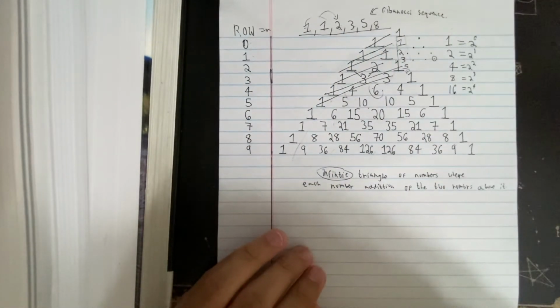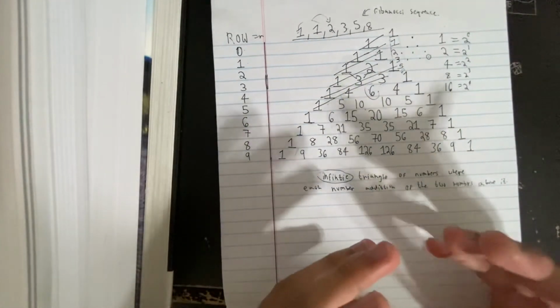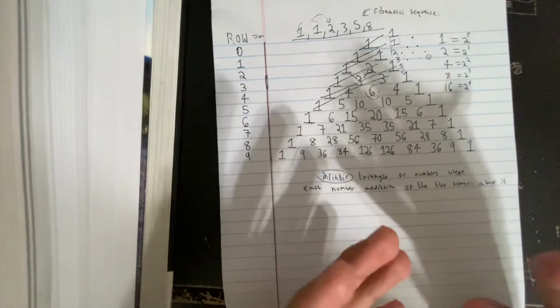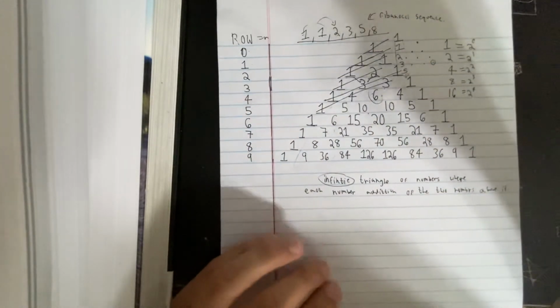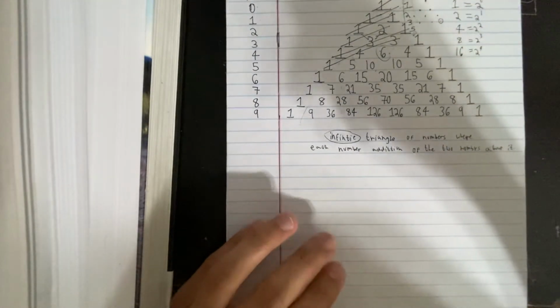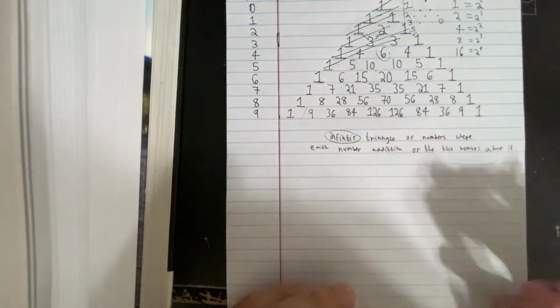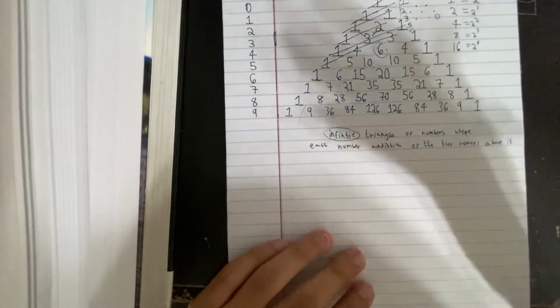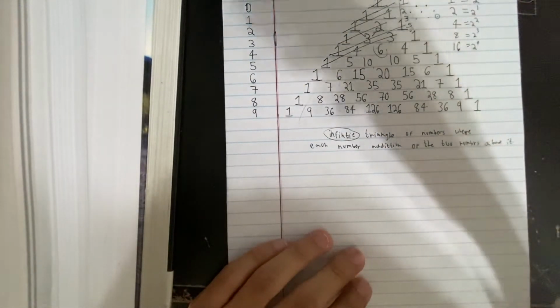Now, the third thing I want to go ahead and look at is the relationship of Pascal's triangle to combinations. Essentially, Pascal's triangle will allow you to answer how many different ways something can happen, or more clearly, how many combinations of a certain outcome can occur.